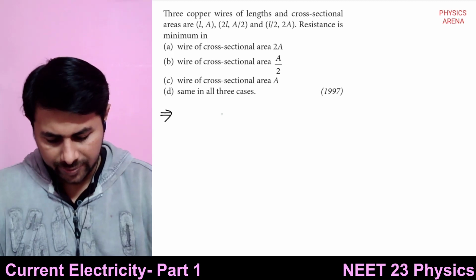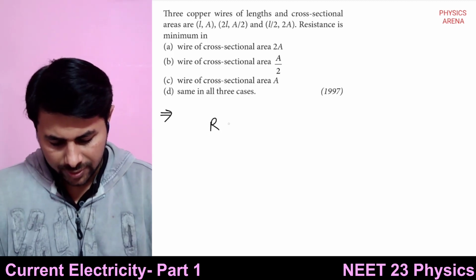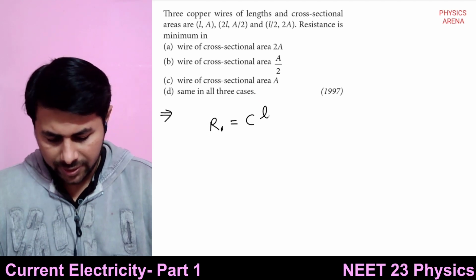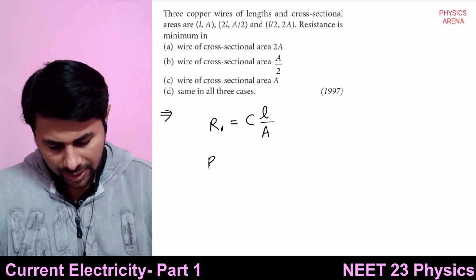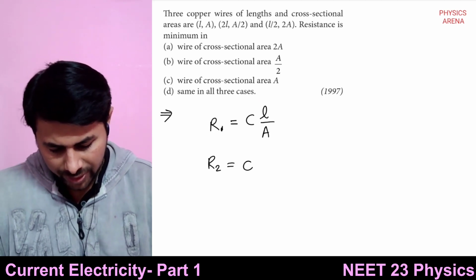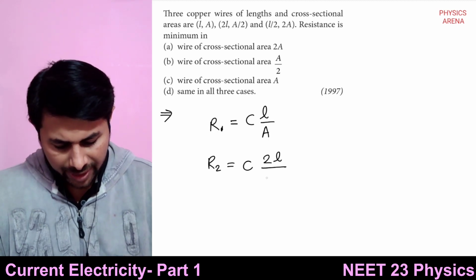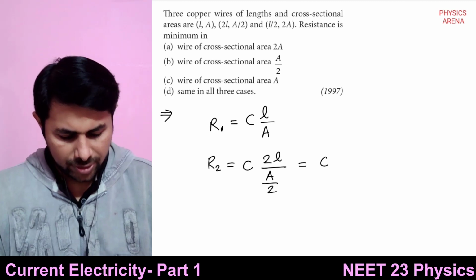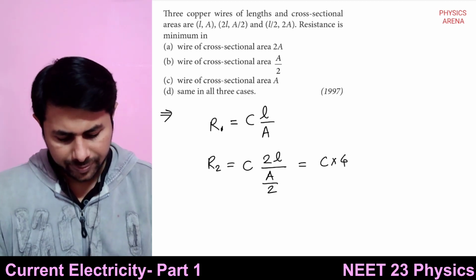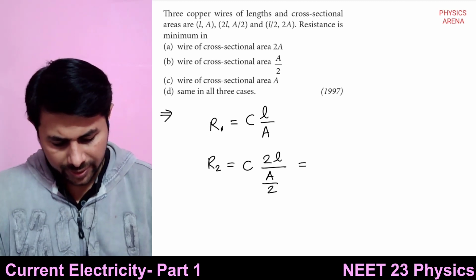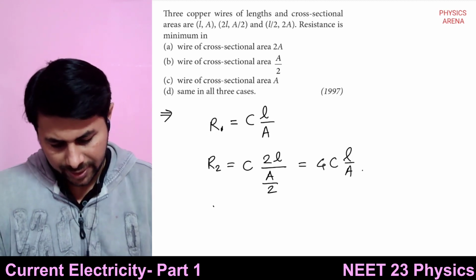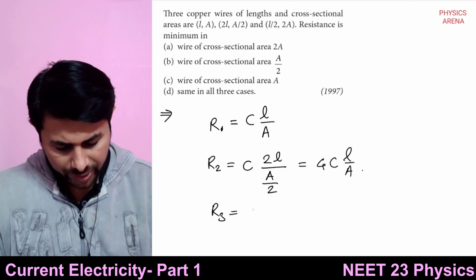Resistance for first one, let's call it R1, equals some constant C times L upon A. R2 equals same constant times 2L divided by A by 2. So this will go into the numerator. It is C multiplied by 4, so 4C times L by A.